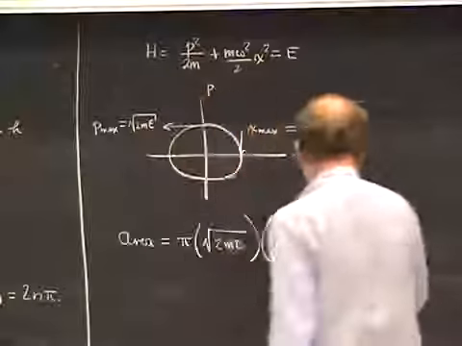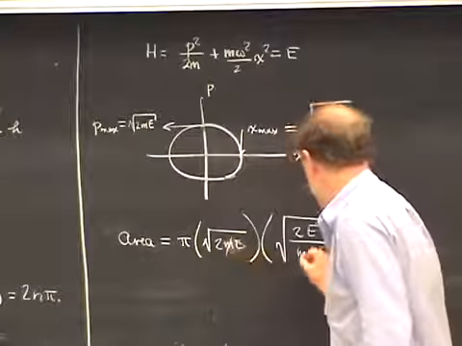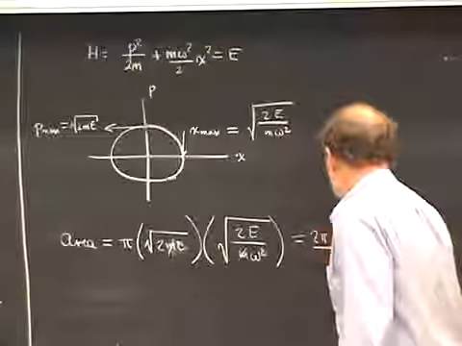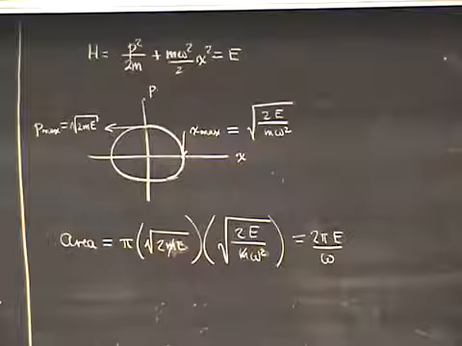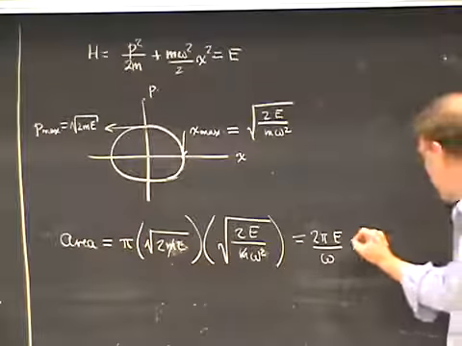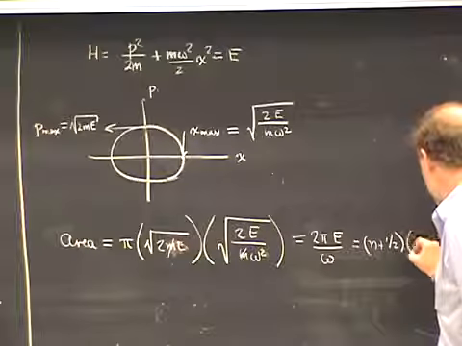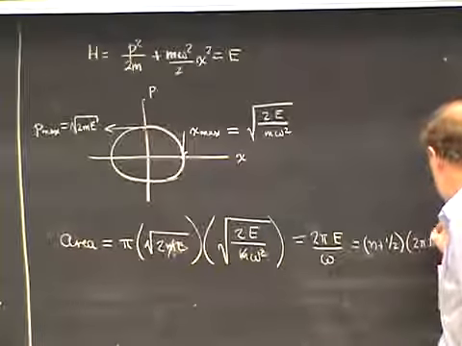And you multiply this out, and you can see the masses will cancel. And what you get is 2 pi times the energy E divided by the frequency. Now, by Bohr-Sommerfeld, that has to be equal to n plus a half times 2 pi h bar on the quantized orbits.